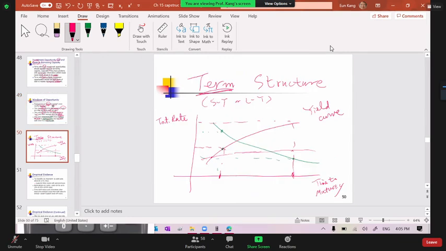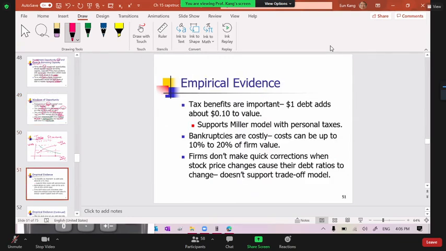Then empirical evidence. Tax benefits are important, and according to the study, $1 of debt adds about $0.1. So like using VU is VL plus TD, T is about 0.1, right?